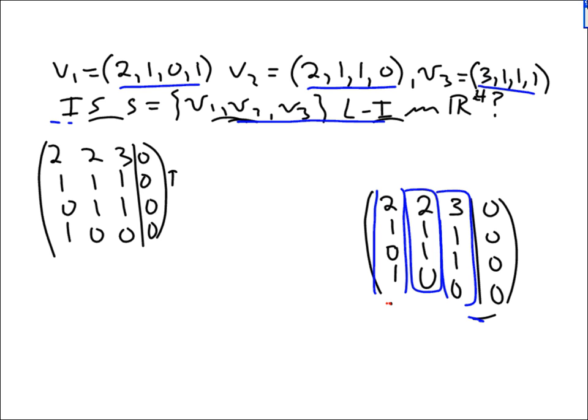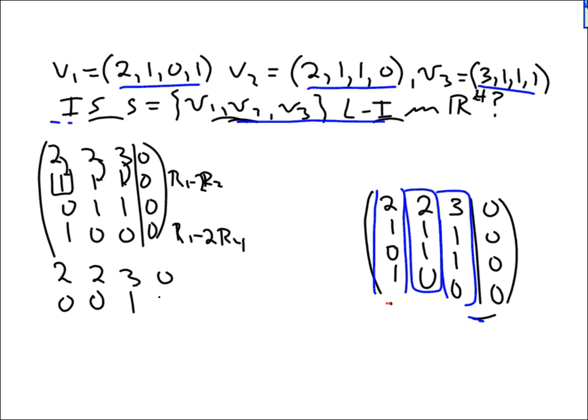How about we do row 1 minus 2 row 2s to kill this off, and do row 1 minus 2 row 4s. So row 1 is not changing. Row 1 minus 2 row 2s: 2 minus 2, 2 minus 2, 3 minus 2, and 0 minus 0.